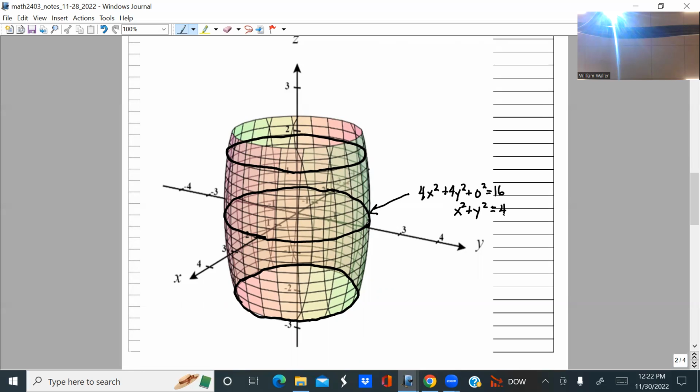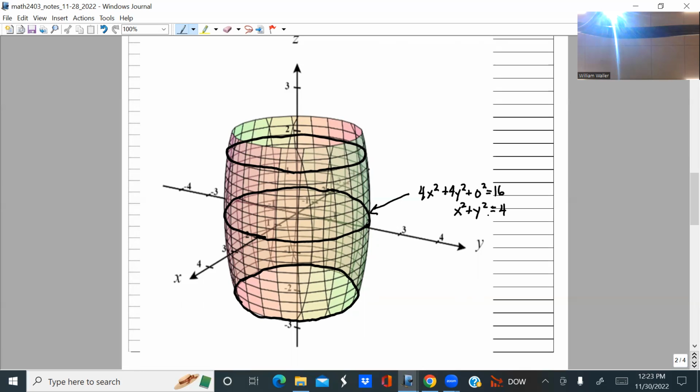Of course, that's the equation for a circle with radius 2, centered at the origin. That's exactly what we were expecting to see.